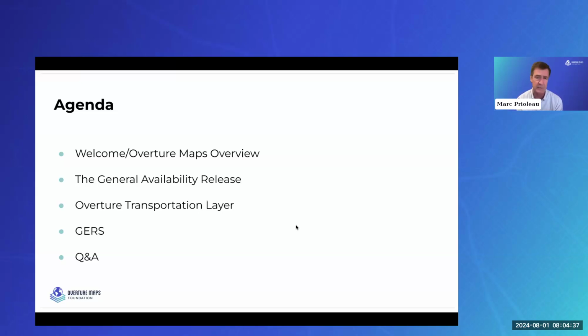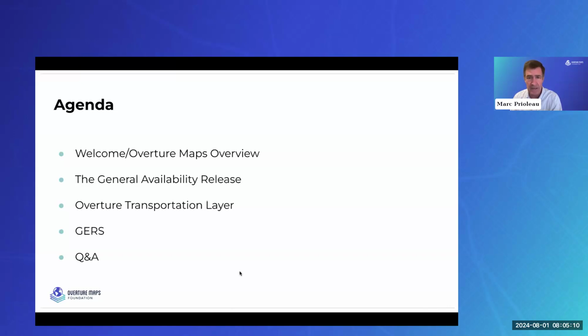Transportation is not, and so he's going to walk through a little bit of what the path looks like to general availability. Then Jennings will talk briefly about what GERS is and how it's used and how we see it being used as a way to extend the work that Overture is doing. And then Q&A, for anyone who wants to ask questions on whatever topic, whether it was something we covered today or whatever you want to know about Overture. Please put them in and we'll try to get to them.